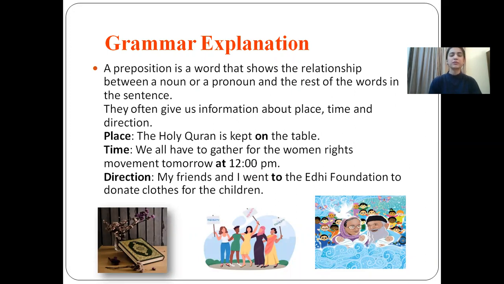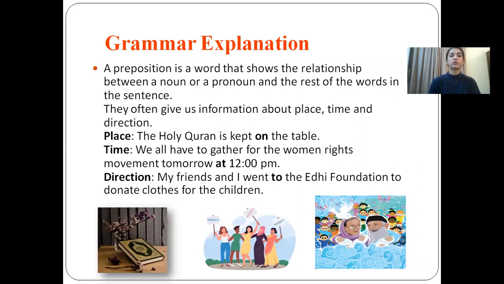Now, these are very small words, but they are difficult to acquire because of the many complexities. That's why it takes a lot of time for English language learners to master prepositions. They often give us information about place, time, and direction.